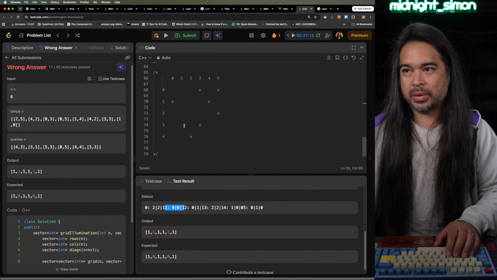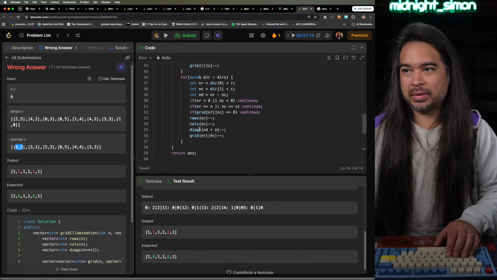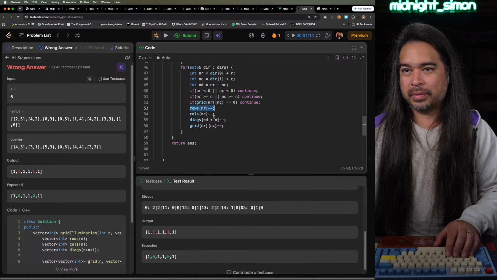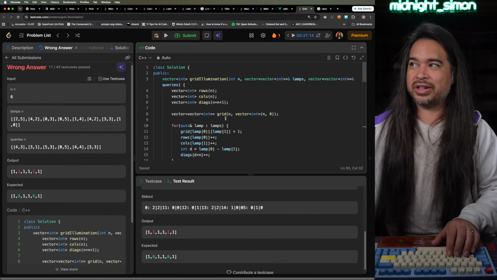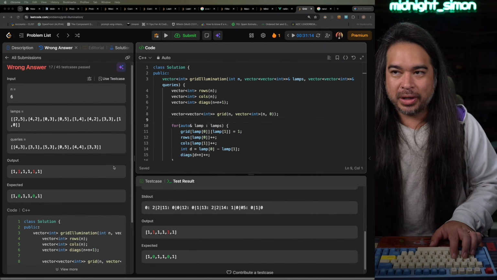Maybe my diagonal is wrong. Because 3, 1 and 4, 2. Oh, 4. Interesting. One of those diagonals isn't turned off, but anyways, man, I'm out of here. That's all I got in me right now.